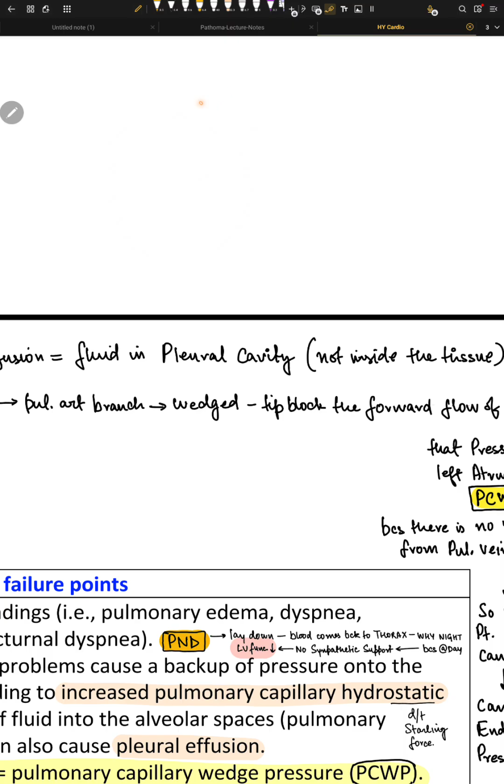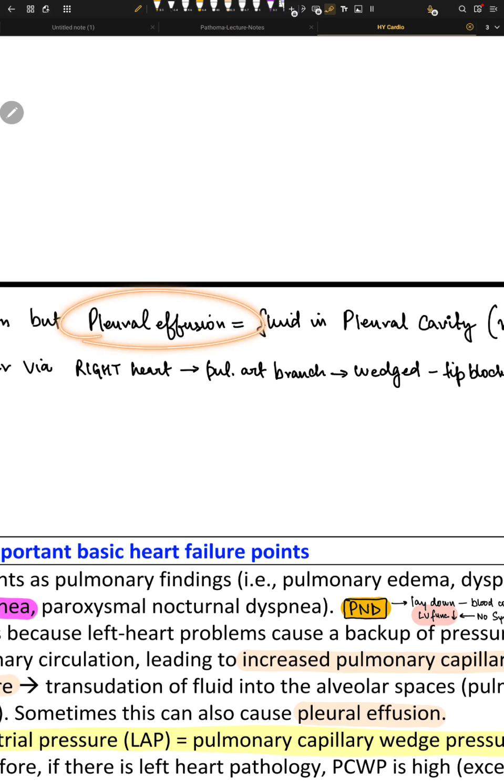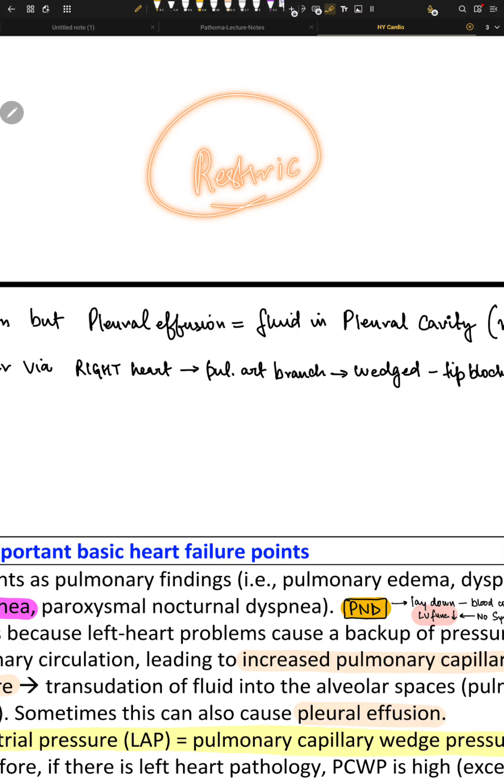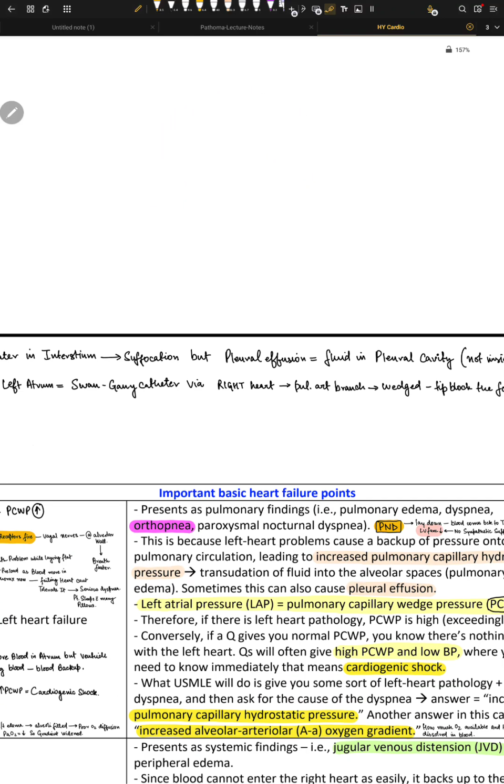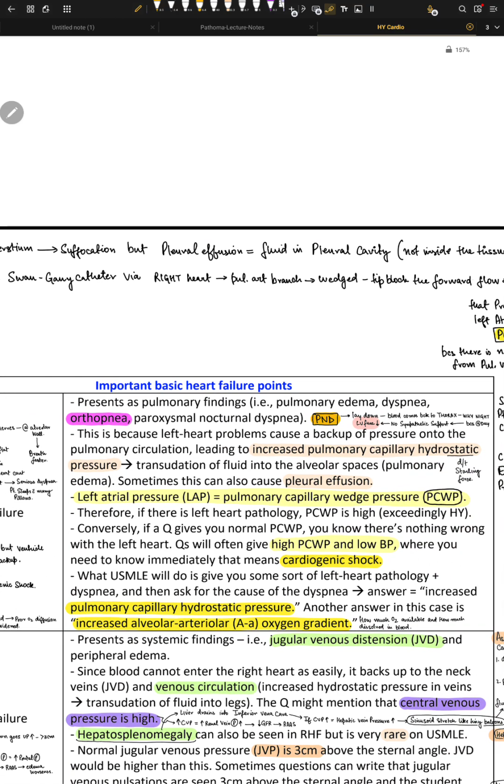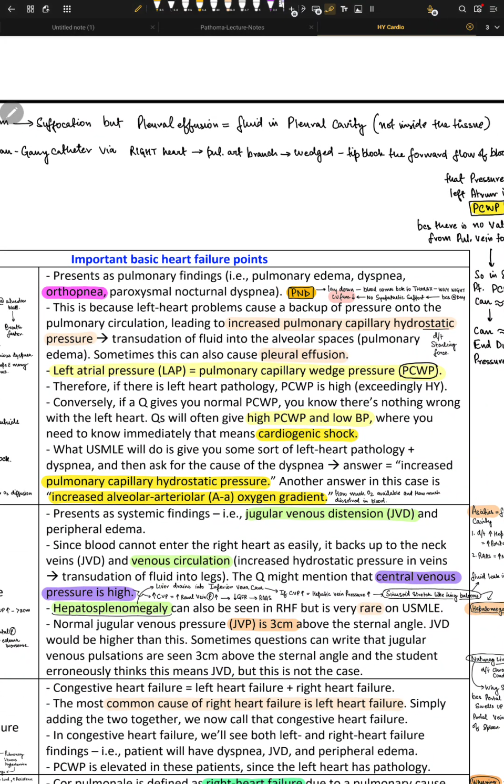But once we have a pleural cavity problem, when we have pleural effusion, the lung cannot expand well, so this will be a restrictive type of problem. It's restricting the lung from opening up and closing, right? So that's the idea right there.